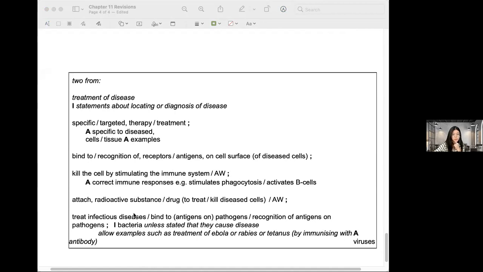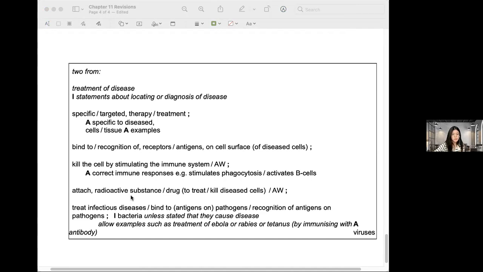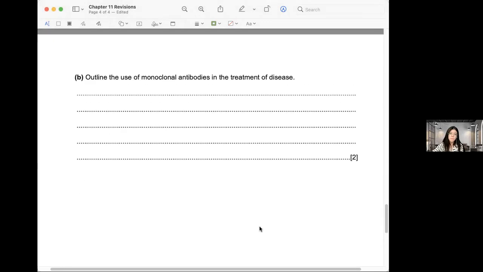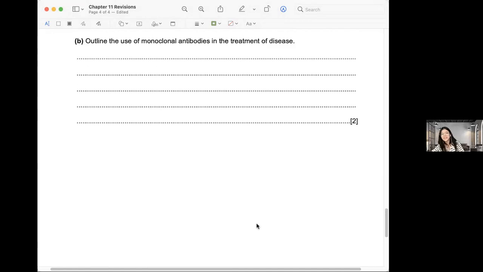And then the extra point will be attach radioactive substance or drug to kill or treat the diseased cell. And you can give example like treatment of Ebola, rabies, or tetanus. Okay, I think that's all from me.